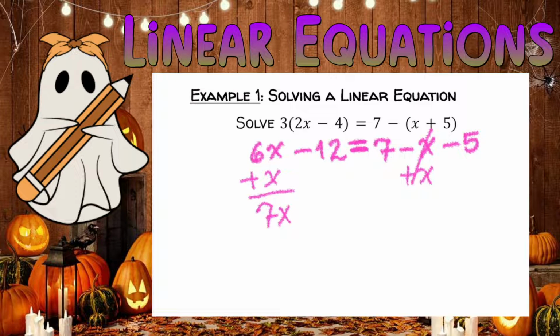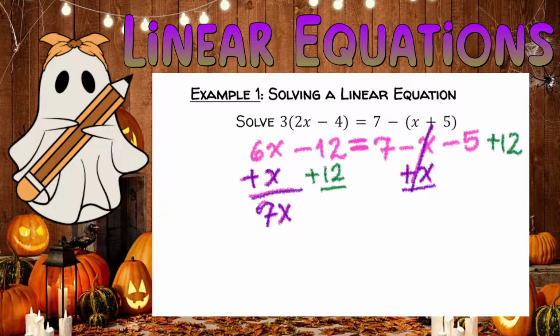And while I'm at it, we can do two things at once. While we add x to both sides, we could also add 12. So I'm getting everything with x on one side and everything without an x on the other side, okay?